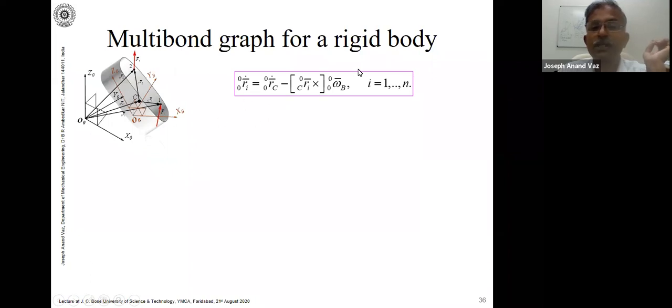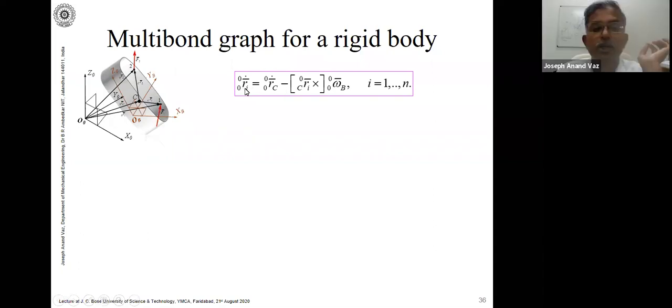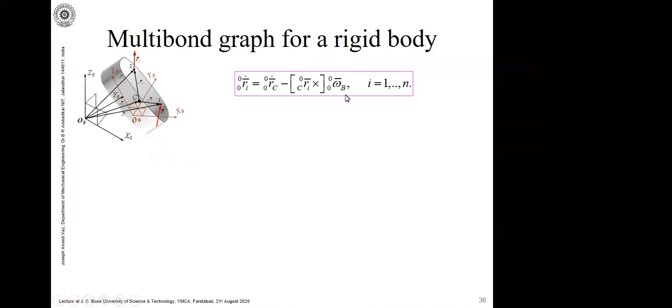So you have a velocity relationship like this. If it's a rigid body, the velocity of the ith particle is equal to the velocity of the center of mass minus r cross omega.